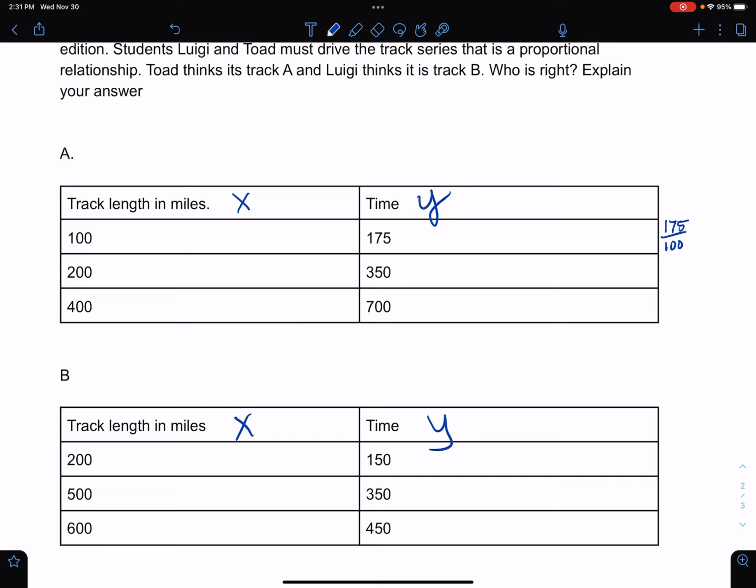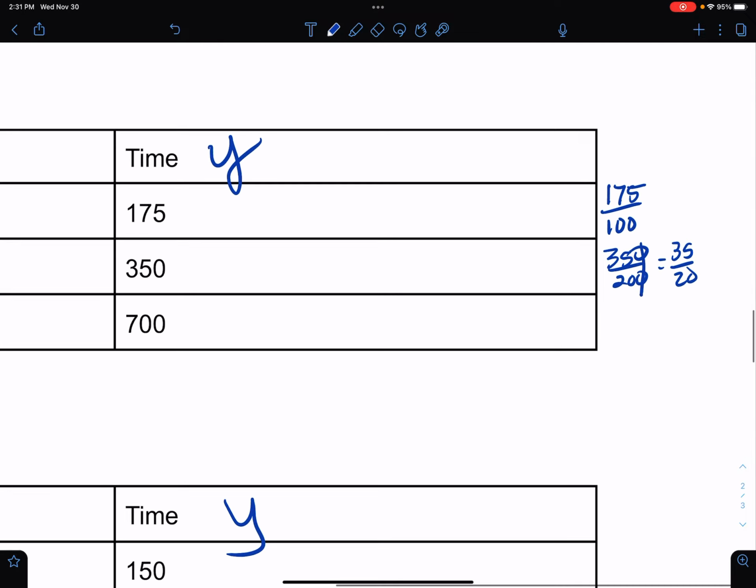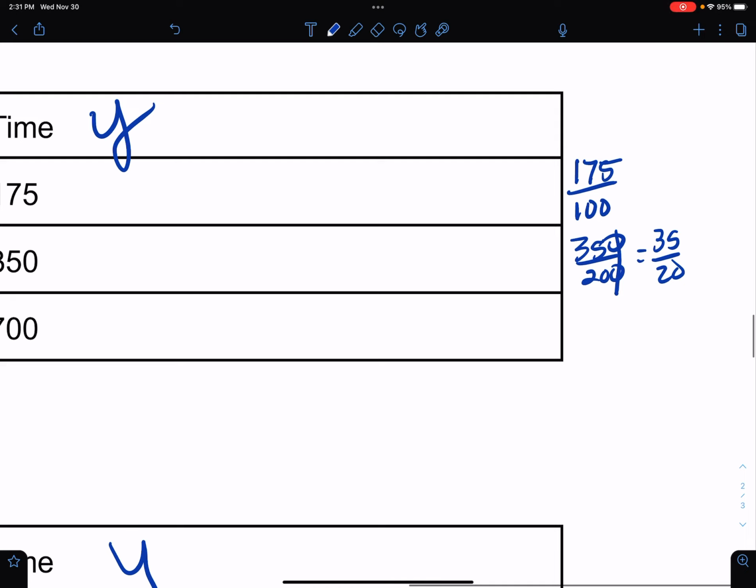So let's look at the next one. 350 over 200. Well, I know to reduce that and get rid of zeros. So now I have 35 over 20. I'm going to zoom so that hopefully you guys can see it a little better. They're both divisible by 5. So I get 7 over 4 for that one.